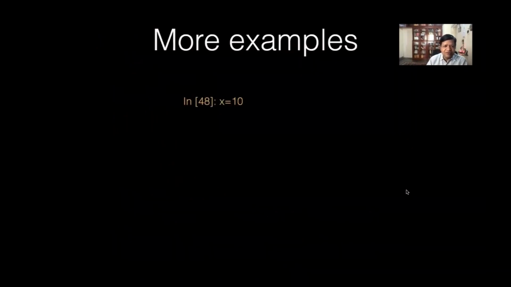Now more examples. So x is 10, check id(x). Now let's do x equal to x squared. So what is x now? x is 100, right? So what is the ID of x now? Will it be the same as this or will it be different? You may think that in C, the ID should be the same, right?